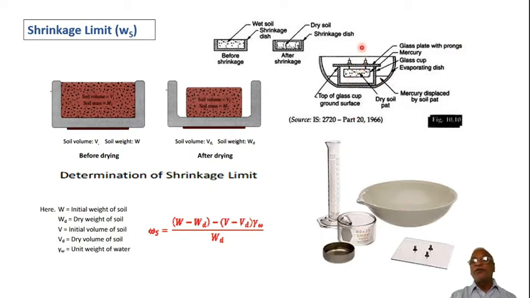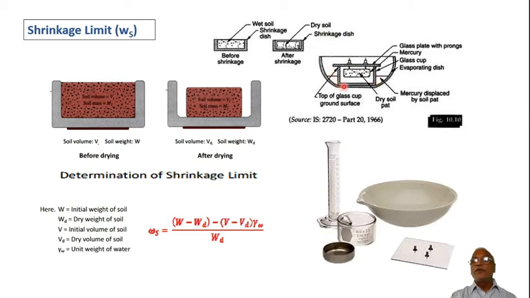Now what happens is, when you push it down, equal to the volume of soil pat, the mercury will be coming out. So mercury displaced by the soil pat will be falling into the dish. Now you take out the plate, take out the soil pat, so take out the dish also.